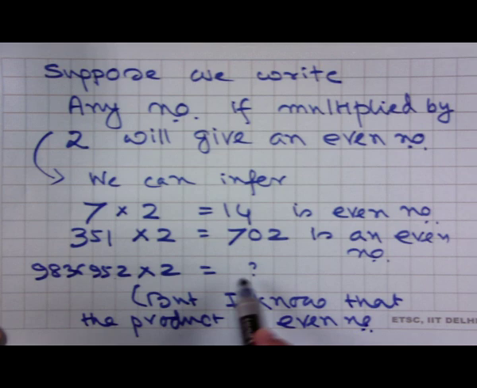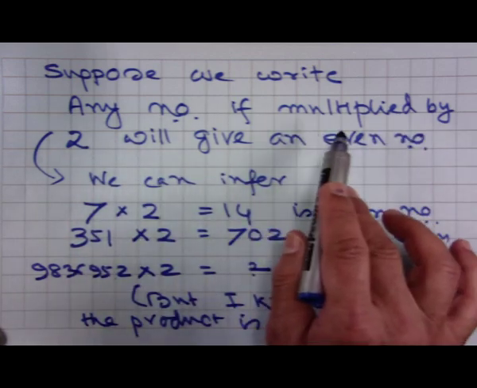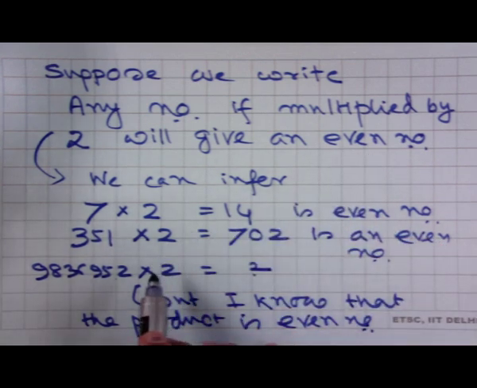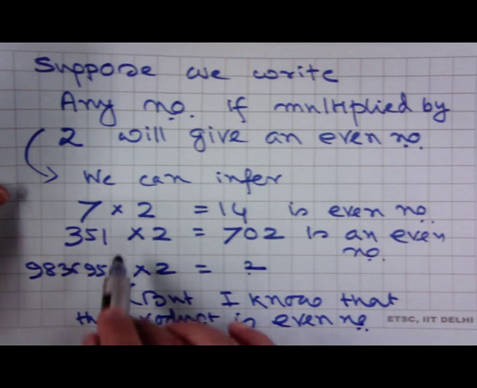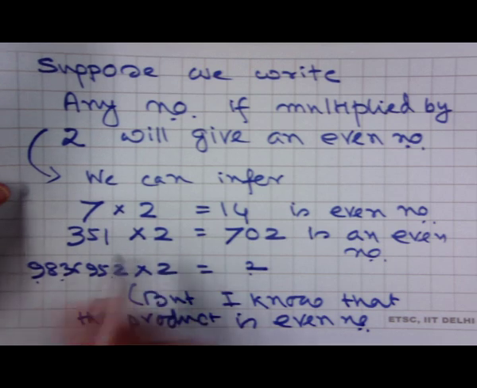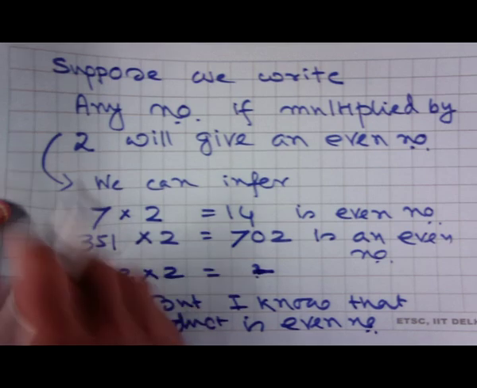Even though I do not know the answer immediately, I can say from the given fact that any number, if multiplied by 2, will give an even number, I can say that the product 9836952 multiplied by 2 is going to give you an even number. Okay?